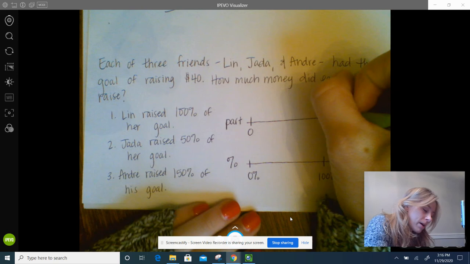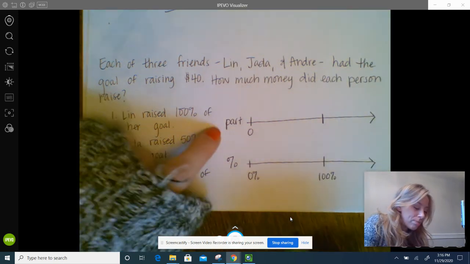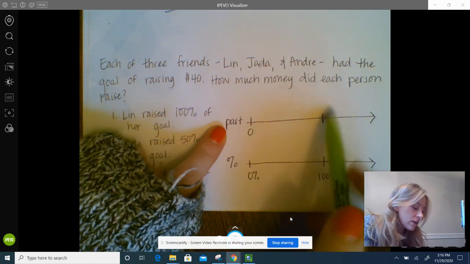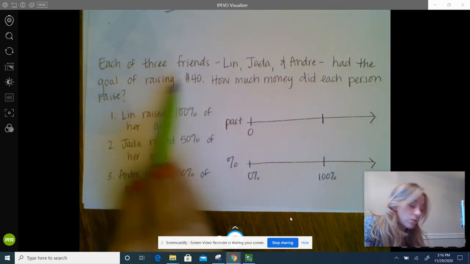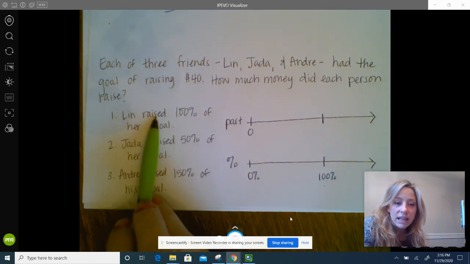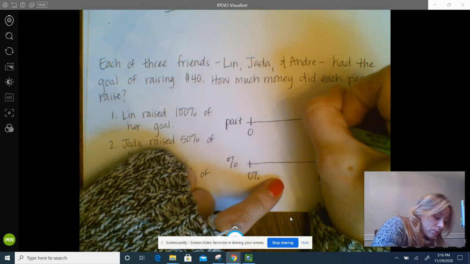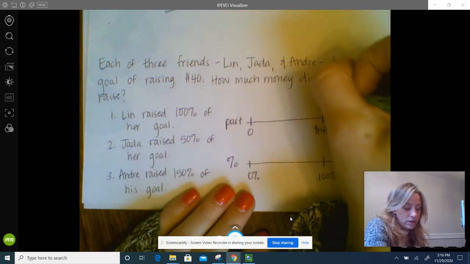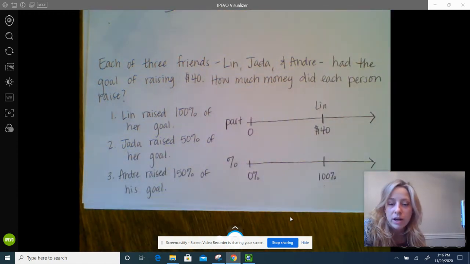Okay? And then we need to think about, well, what part of this situation is 100%? If their goal is to raise $40 and Lynn raised 100% of her goal, well, then Lynn raised $40.